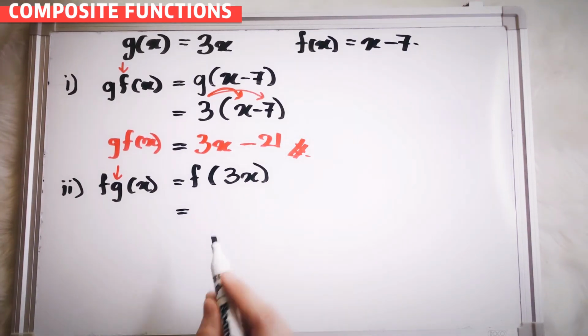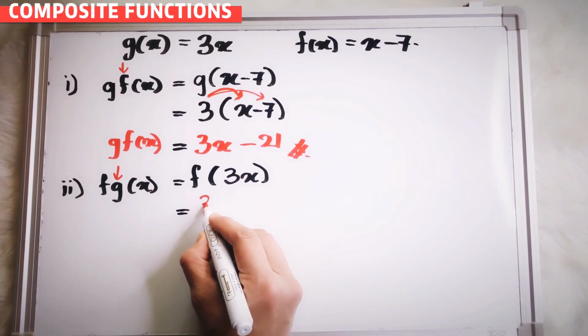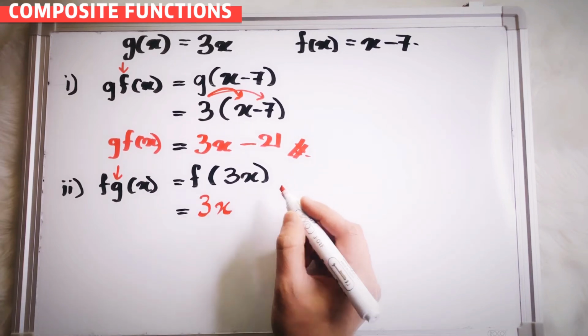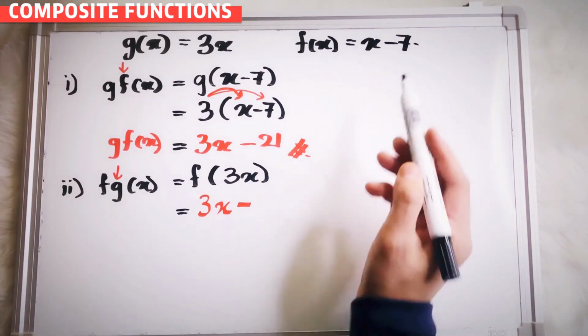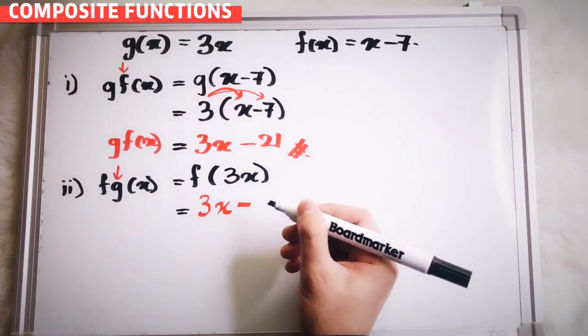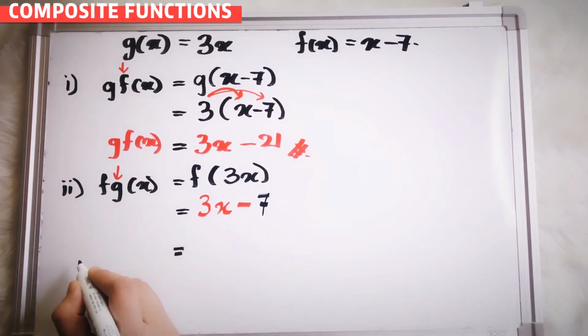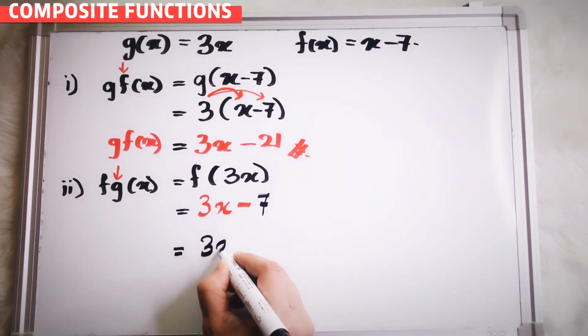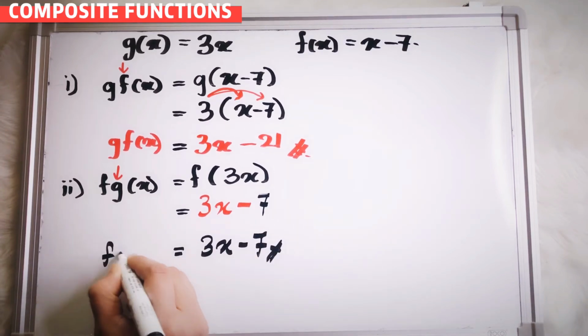Our new x is this one, so you put here 3x minus 7, right? So x minus 7. So we got here 3x minus 7. So this is our f(g(x)).